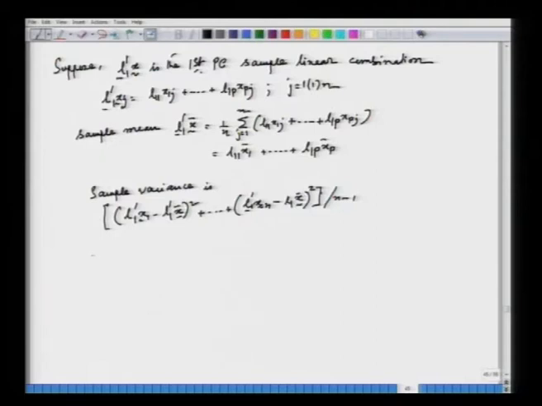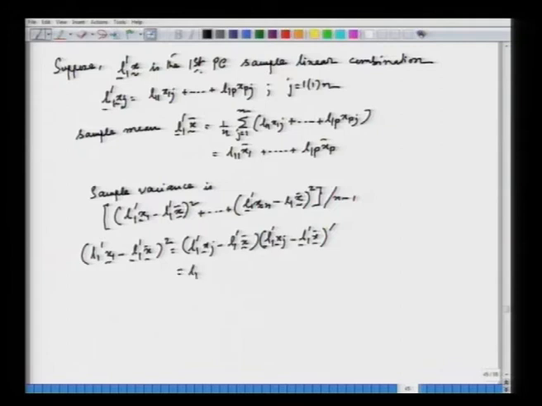Equivalently, I can express L1 transpose xj minus L1 transpose x bar, squared, as L1 transpose xj minus L1 transpose x bar times its transpose, which is L1 transpose (xj minus x bar)(xj minus x bar) transpose L1.